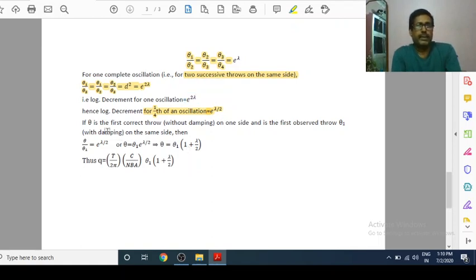If theta is the first throw when damping is not present, and theta 1 is the throw observed on the same side when damping is present, then theta by theta 1 is equal to this, or theta is equal to this, and e to the power lambda by 2 may be written as 1 plus lambda by 2. So Q is equal to this. This is the expression for charge after damping correction.